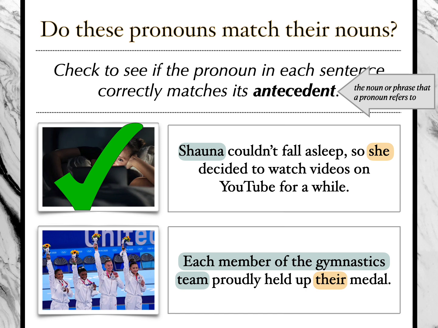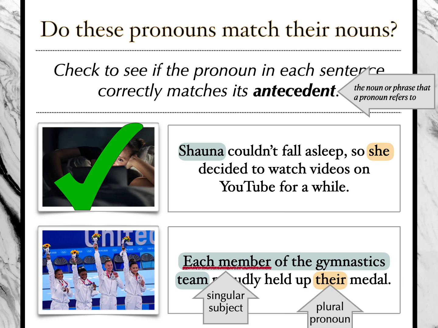Well, this is a little bit tricky because team is a collective noun. But before that, at the beginning of our phrase, we've got each member, and member is a singular word. So each member held up their medal. That doesn't work because each member is a singular subject and their is a plural pronoun.